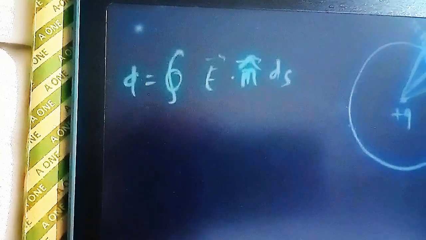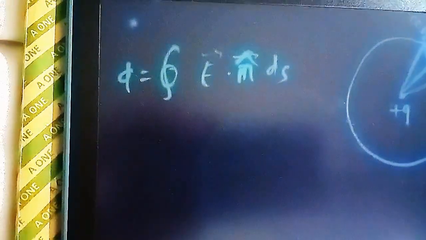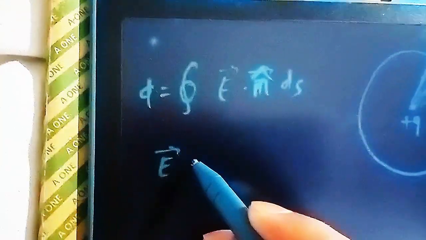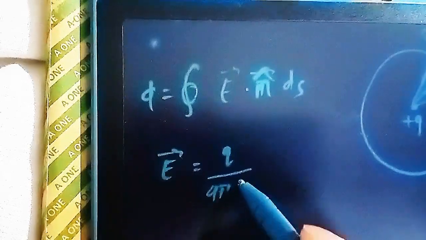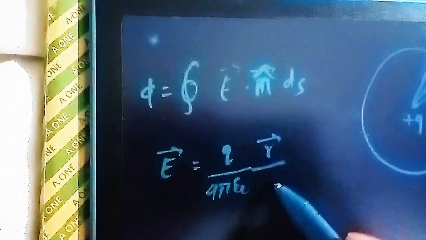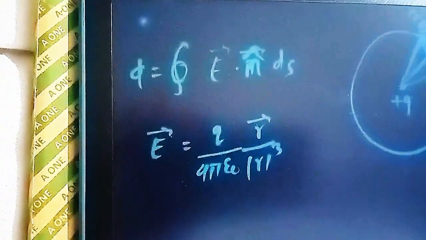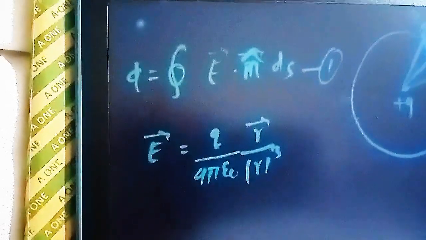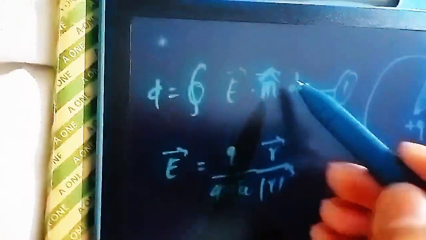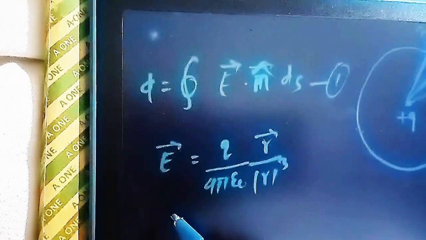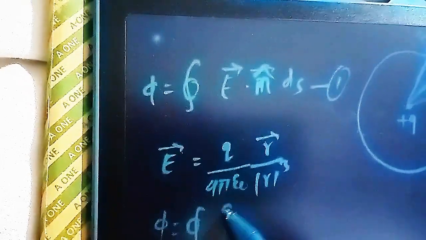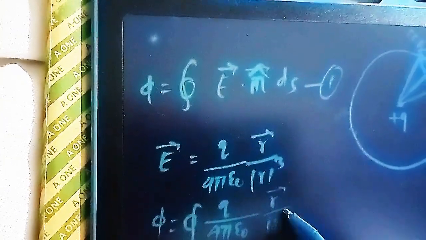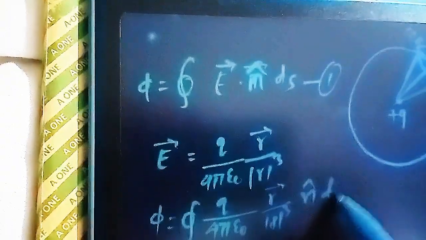I told you flux is the normal component of electric field E vector over the closed surface, but electric field intensity is given by E vector equal to q by 4 pi epsilon naught, r vector by modulus r vector whole cube. Then we can write this equation 1 by substituting the value of E vector. We will get phi is equal to q by 4 pi epsilon naught, r vector by modulus of r vector whole cube, into n cap ds.